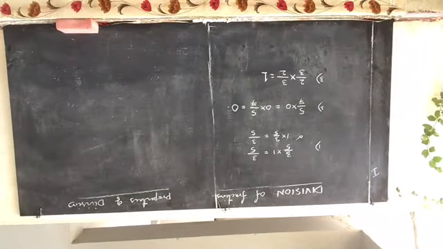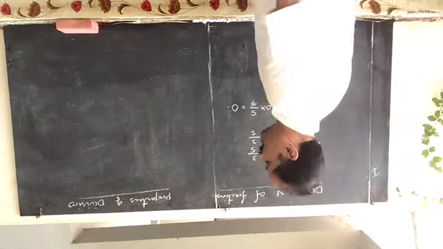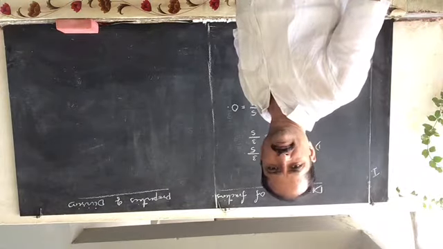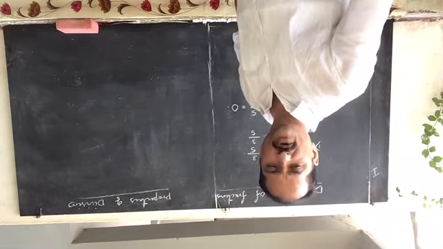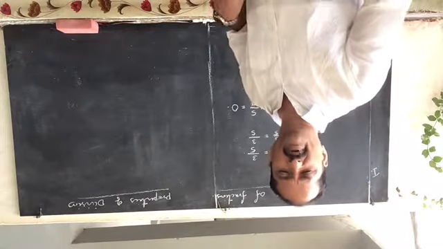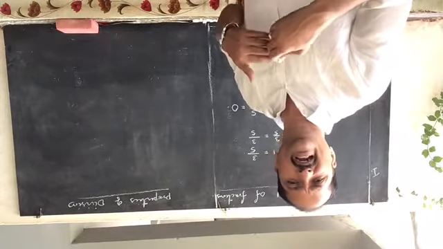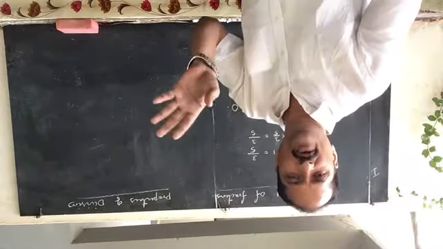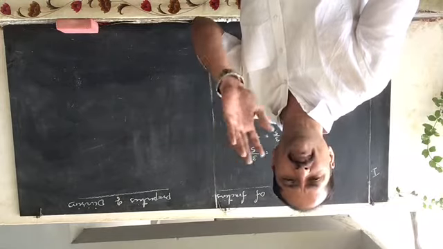Now properties of division, division of fractional numbers. If you are dividing a fraction with 0, it may be a fraction, a whole number, or a decimal, division by 0 is not defined. We cannot divide any number by 0.